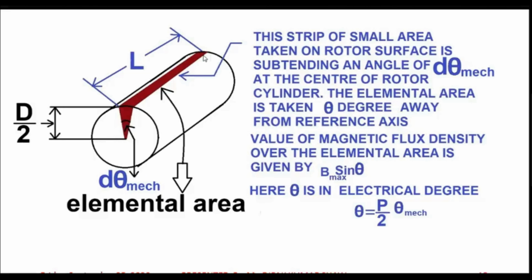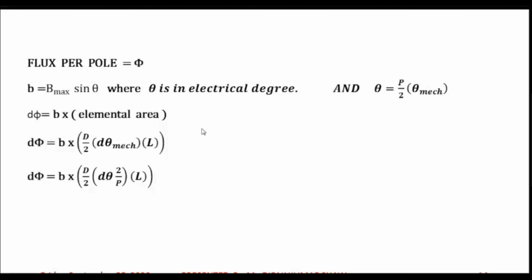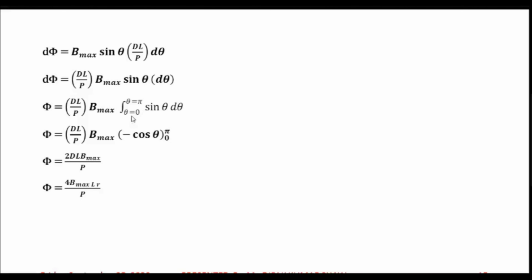But we are interested in knowing the flux over one pole, or rather the flux per pole. So we need to integrate the flux over the area which is stretching for one pole. But one pole means what? Electrically it is 180 degrees. So our limits of integration will be from 0 to pi. If you integrate, you will get this particular expression.